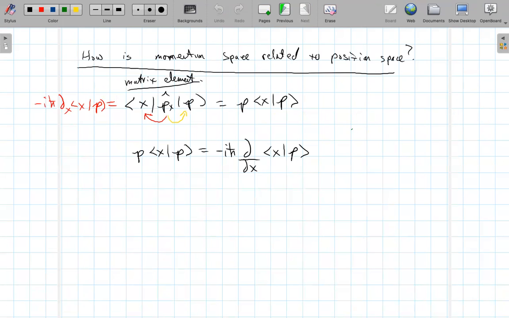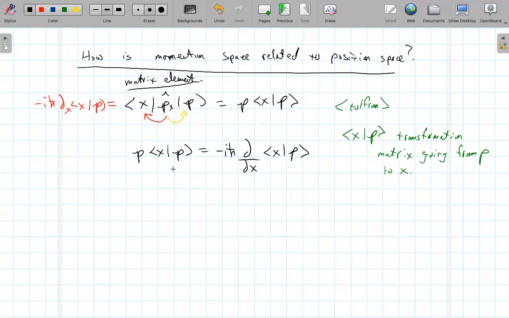So notice that the inner product between X and P is the transformation matrix going from momentum space to position space. So here we're going from P to X. So remember, the inner product is to and from. So here we're going from momentum space into position space.